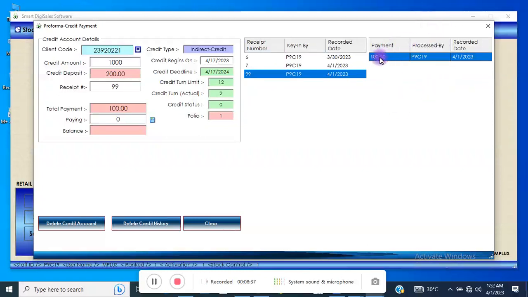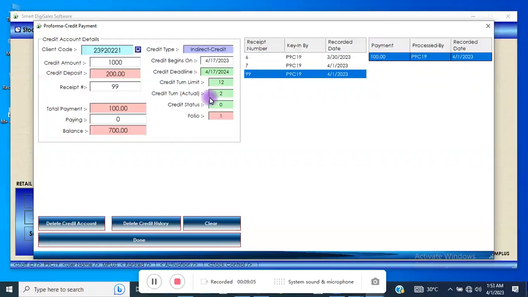So this is the total payment that has been made, a deposit of 200 and a payment of 100, making 300. So when you take it out of the 1,000, you realize that K Pipra's balance should be less. When you click yes, it should be 700. So that is it. So this is how payment is done.